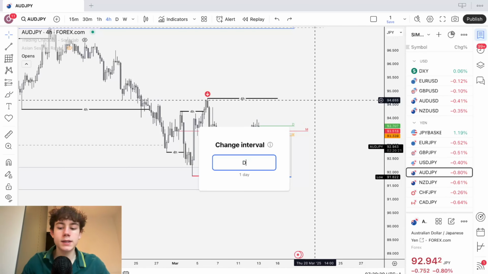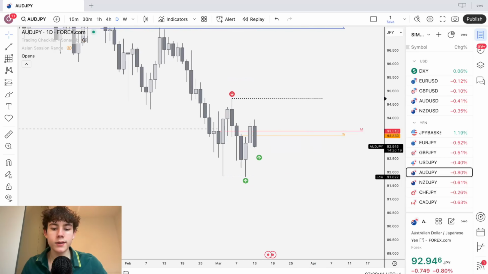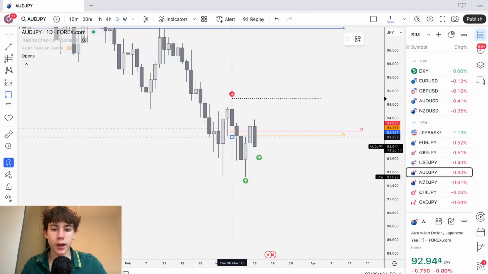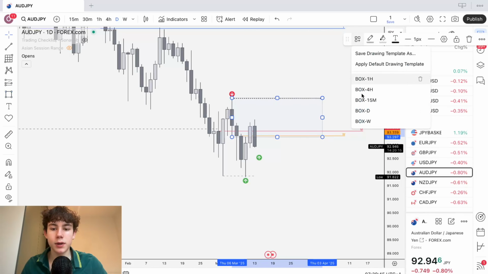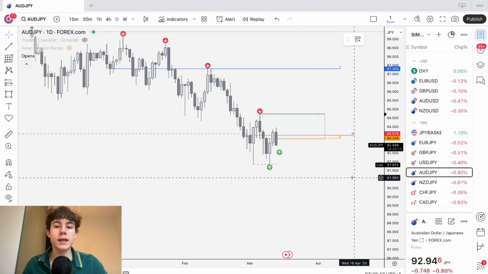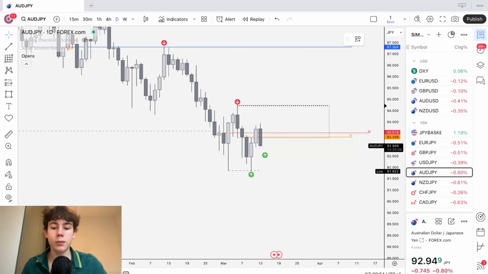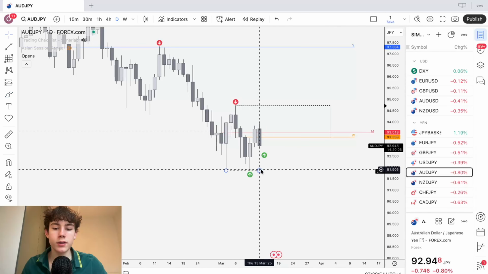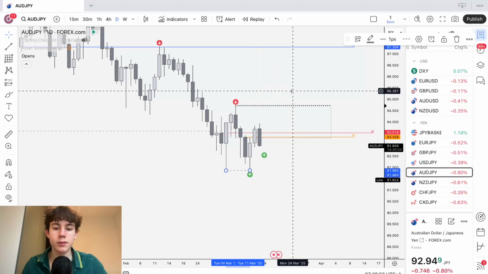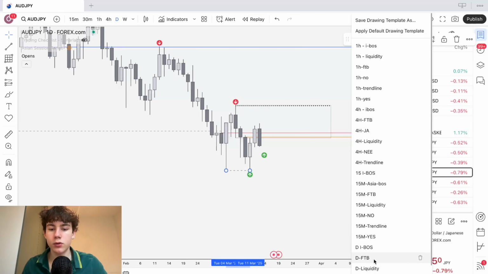Now keep in mind, guys, we are still inside daily supply, okay? So this daily supply is still in control. So longing AUD Yen isn't the highest probability, because as you guys can see, we are still daily fractal bearish. And let me show that real quick.